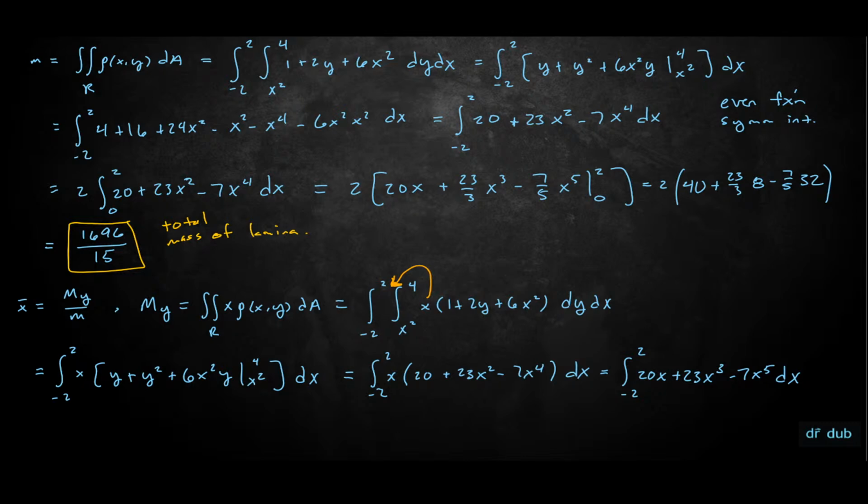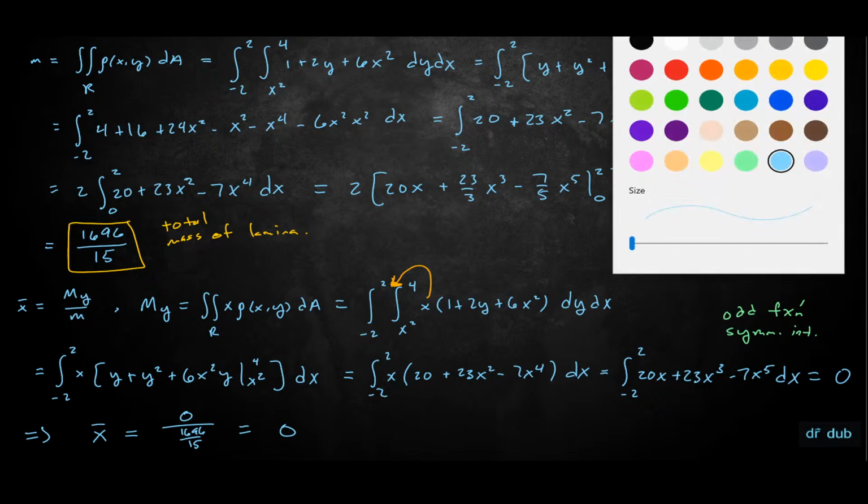Okay, but now this is an odd function over a symmetric interval. So this thing is going to equal 0. So that tells me that x bar is going to equal 0 over 1696 over 15, which is 0, as we expected.